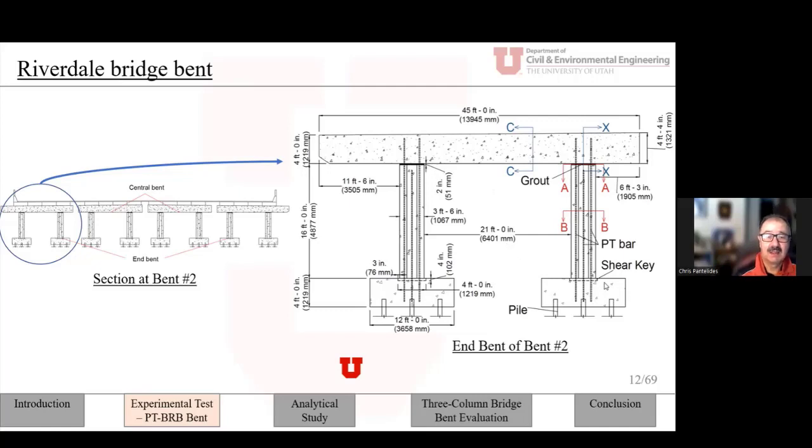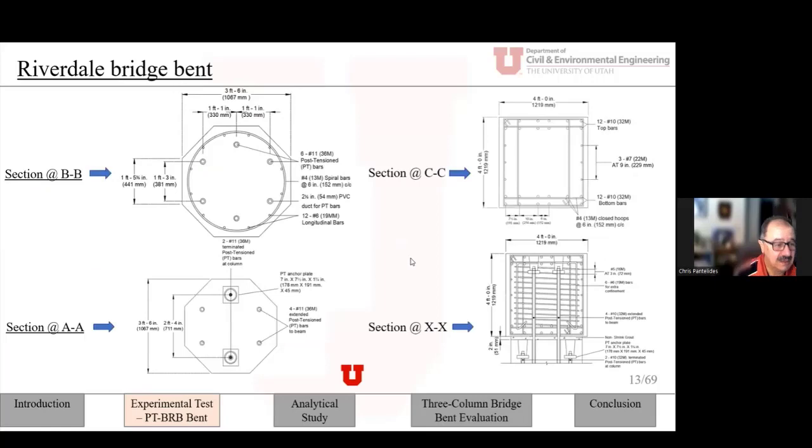So this is the typical section of the column. You can see each column has 6 post-tensioning bars, number 11, and number 4 spirals at 4 inches. There is no rebar in the columns crossing into the footing or into the cap.